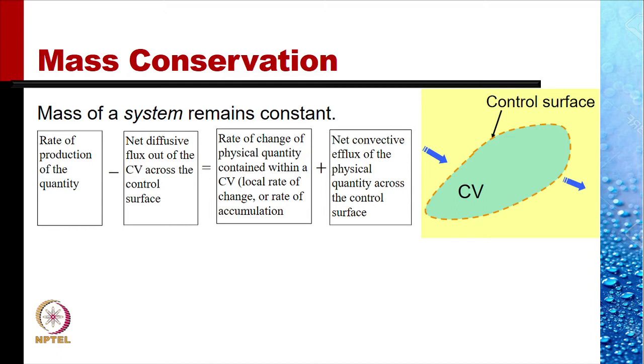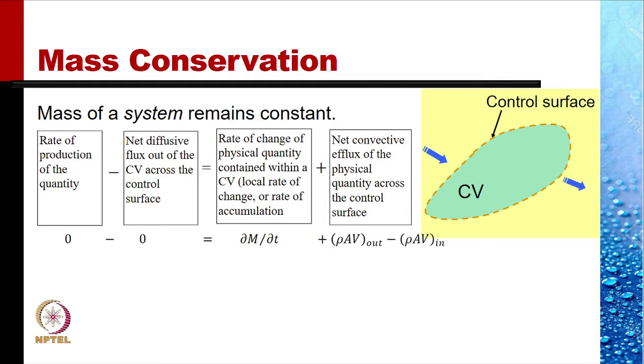The diffusive flux in the case of mass is also zero, and the rate of change of the physical quantity contained within the control volume, which is the local rate of accumulation, is ∂m/∂t. And lastly, the net convective flux of the physical quantity across the control surface is ρAV out minus ρAV in, the net efflux.